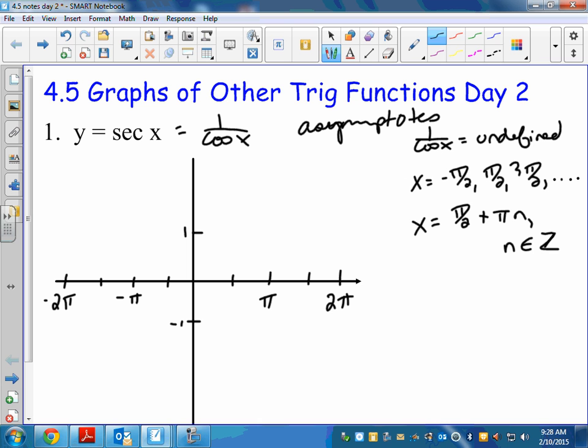So let's draw our asymptotes in. Negative pi halves. Pi halves. Oh, I did not do a very good job of making that equally spaced. 3 pi halves.